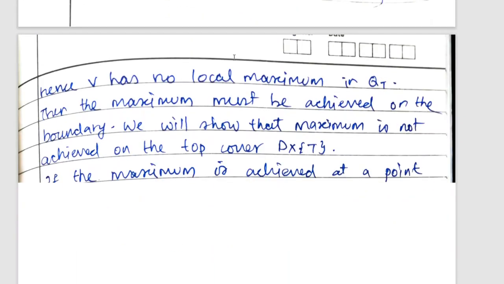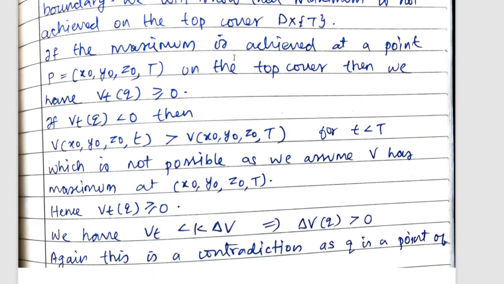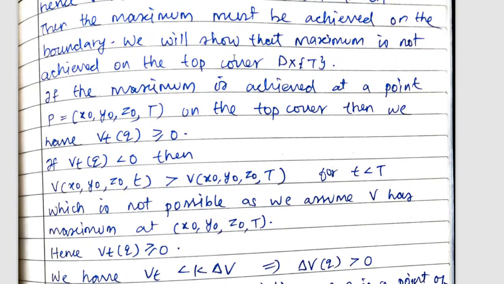So we have to show that the maximum is not attained on the top cover. Then we are done. Since the maximum is not attained inside, and CH means it is continuous on the closure also, the maximum value must be attained, so it must be attained on the boundary. Now we have to show that it is attained on the parabolic boundary.